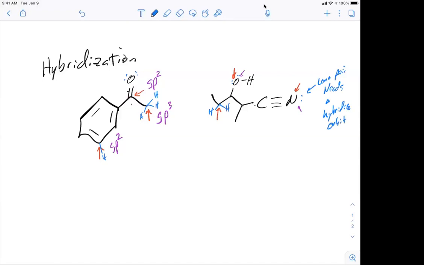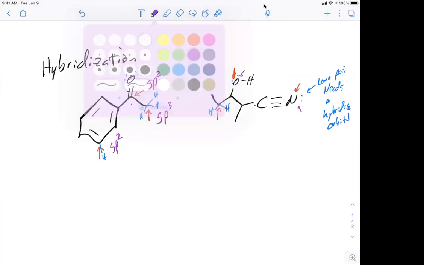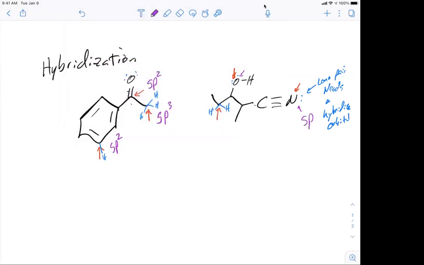So in our straightforward thinking of how many atoms are attached, now we have lone pairs, so we have atoms and lone pairs. For the nitrogen, I've got a lone pair, that's going to need a hybridized orbital, and the bond to carbon. Don't count all the bonds, just count the atoms and the lone pairs, that's 2. So therefore, this is just going to need an S and a P. So this nitrogen is just sp.